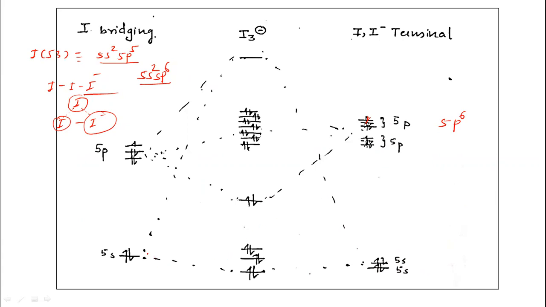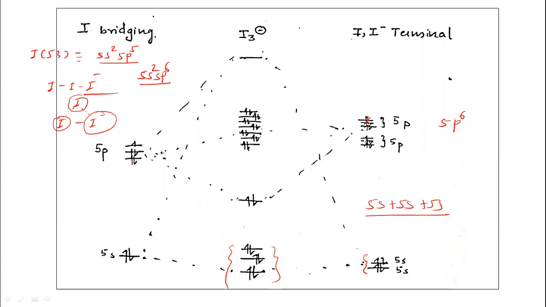There is overlapping between the 5s orbitals, forming bonding and anti-bonding molecular orbitals. As three atomic orbitals get combined, 5s overlaps with 5s overlaps with 5s, forming three molecular orbitals, and all these electrons are present here.